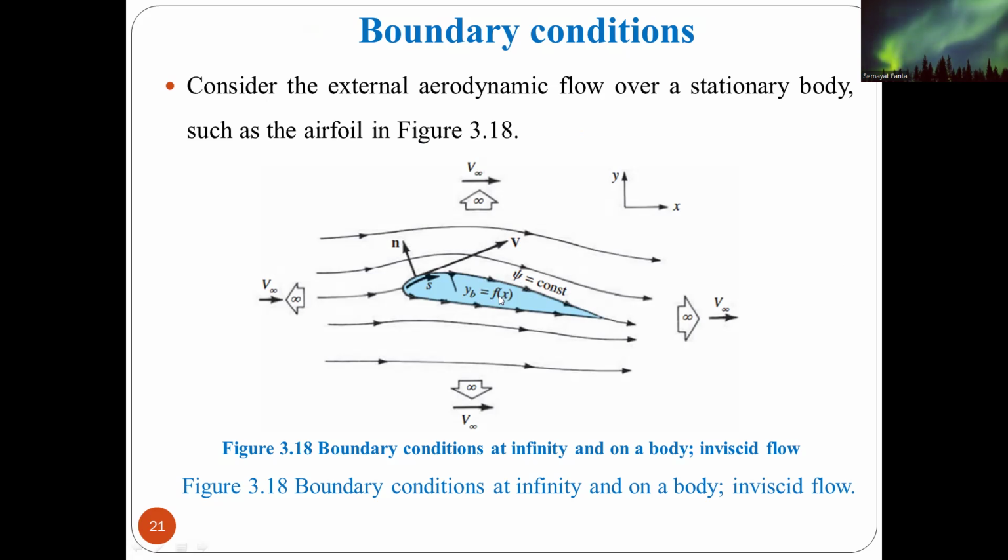yb is equal to f of x, where y represents the location of each point. S is the surface of the aerofoil, and n indicates the direction normal to the surface, where the pressure is acting.